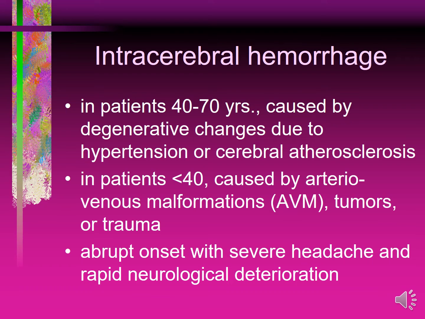If they occur in patients less than 40, they're usually caused by an arteriovenous malformation, which is something the person is born with and just isn't aware that they have it until early adulthood. They can also be caused by tumors or by trauma. And typically an intracerebral hemorrhage will present with the patient having a pretty quick onset of a very severe headache and then rapid neurologic deterioration.